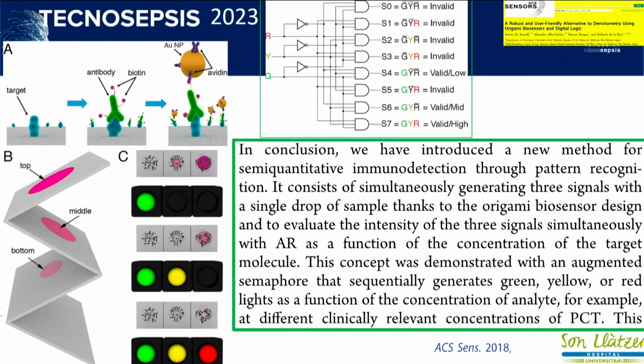So this is very simple to understand and identify. Another possibility is to use three different colorimetry sensors: green, yellow, and red. If there is a positive in the three sensors, there is a higher value of PCT.